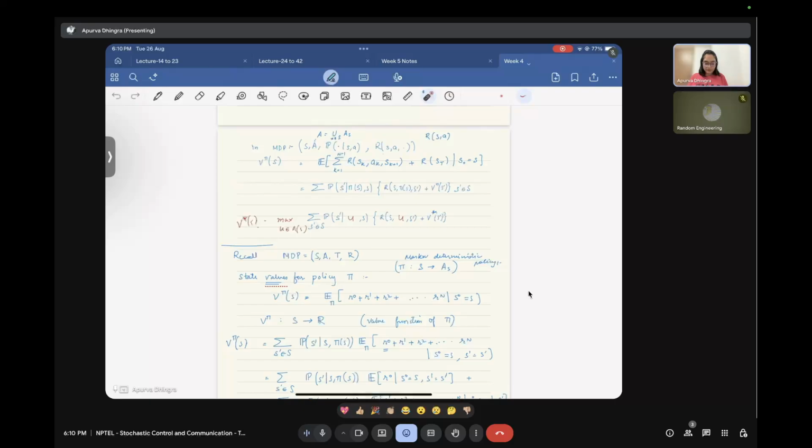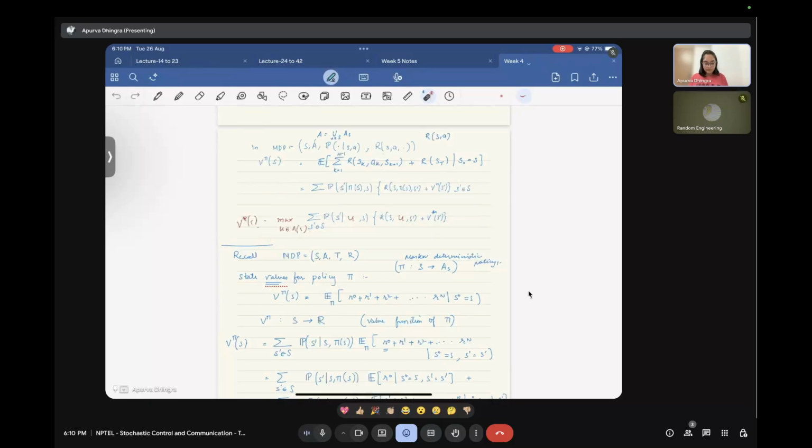Then I just said it as a statement, no proof was given for this one, that similar to DP, here something called value iteration is used, which basically looks at the max of this quantity over different actions.